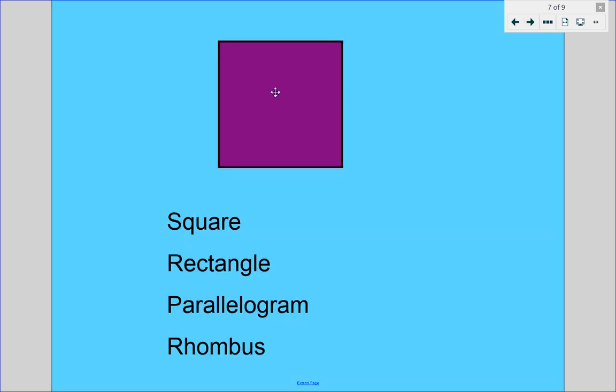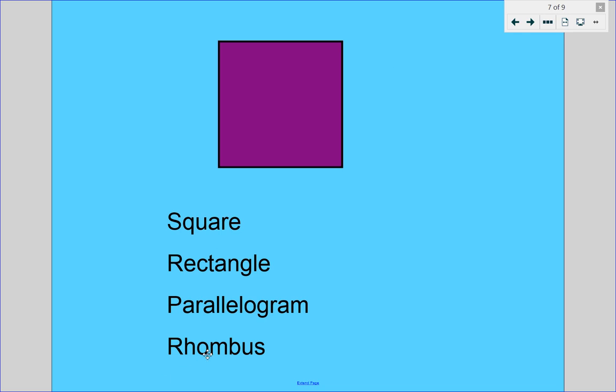All right, so this shape here, we commonly call it a square. But it is also a rectangle because it has the 4 right angles. It's also a parallelogram because it has 2 sets of parallel lines.